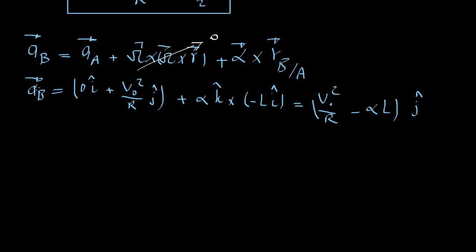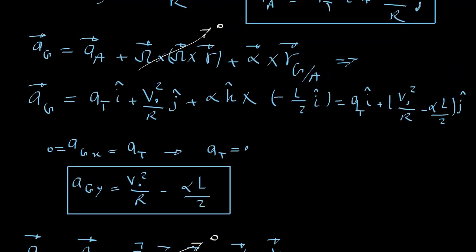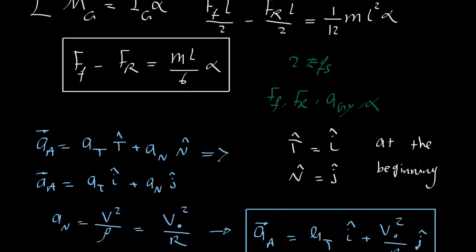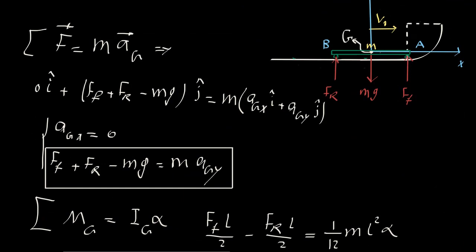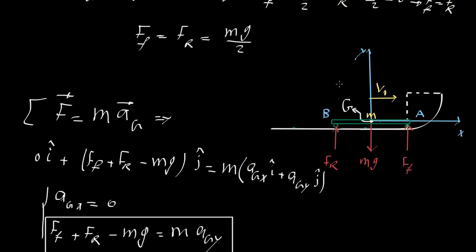So here is the extra constraint that we were looking for. The acceleration of point B at the beginning, in the y direction, would be equal to 0. After this skateboard enters this curve path, the point B would still be on the horizontal line on this surface.